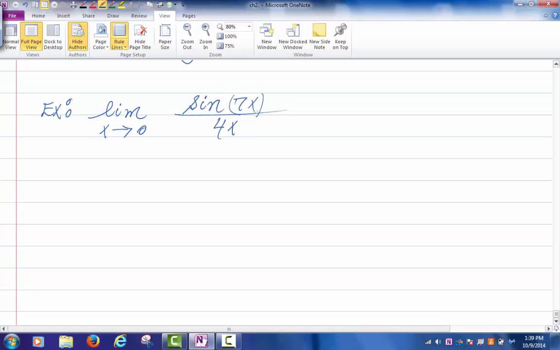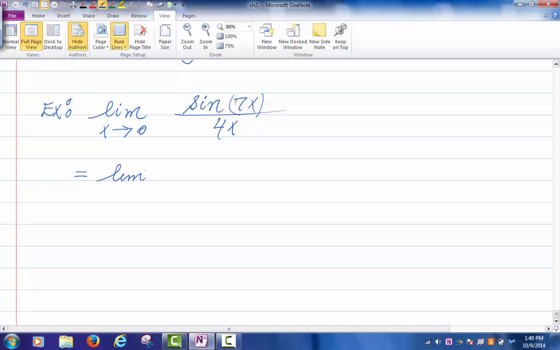And if I had 7x in the denominator, then I could have said that the limit is 1. So remember, you have sine theta divided by theta. So the angle where you are evaluating sine must be the same as the denominator. So if I had 7x here, I could have said that the limit is 1. But I don't have 7x. So how would I compute this limit? Anyone?